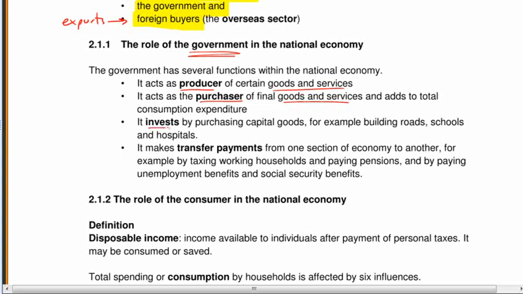The government invests: capital expenditure by the government, things like building roads, schools, hospitals. And the government also makes these things called transfer payments. Now, a transfer payment, in the world of economics, is a payment for no output.